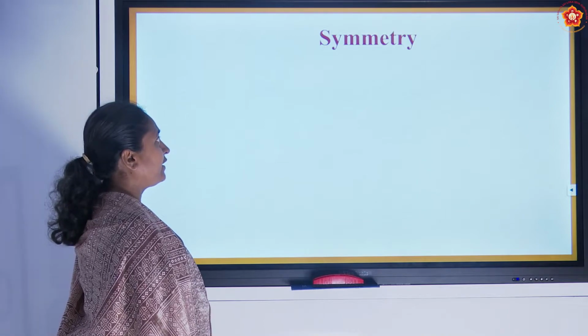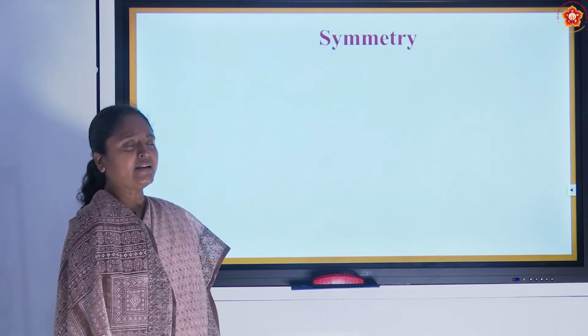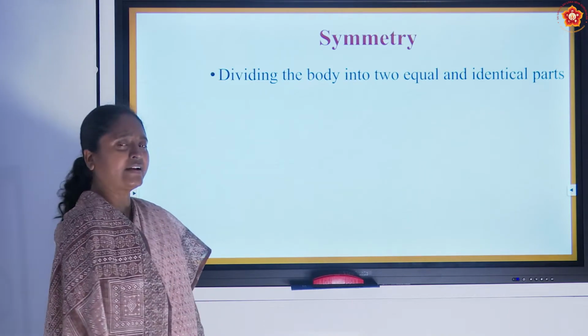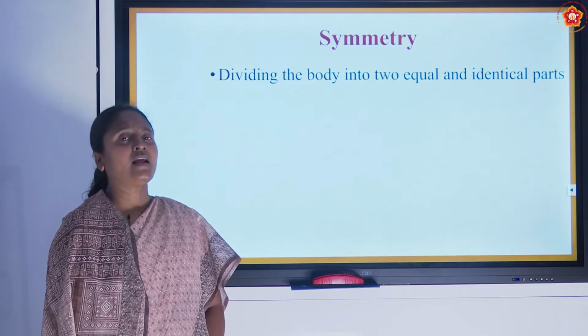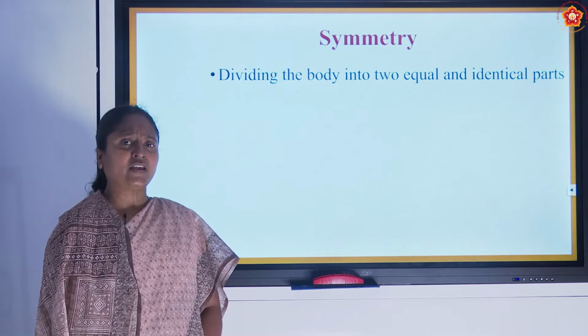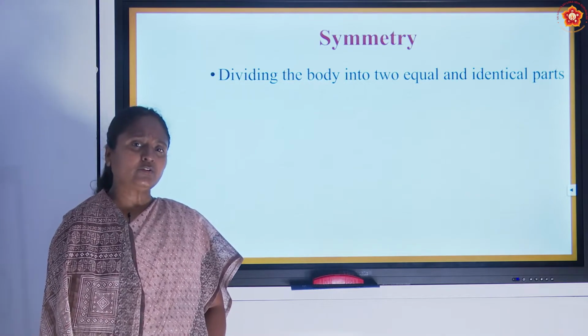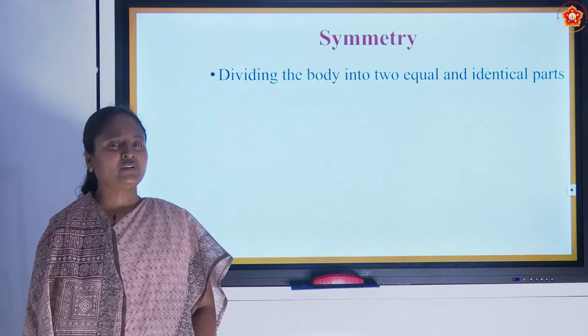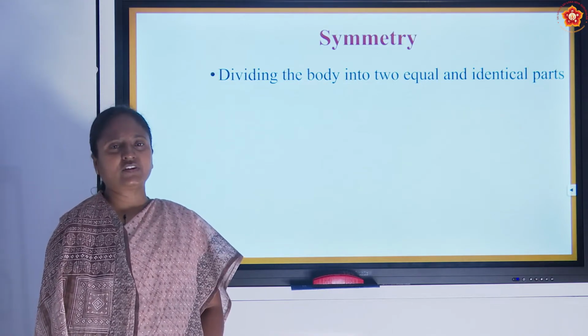Now we will see the next one, symmetry. Symmetry is when we can divide the organism into two equal halves. In what various ways can we divide the organisms into equal halves? It is mostly related to the external morphological features.